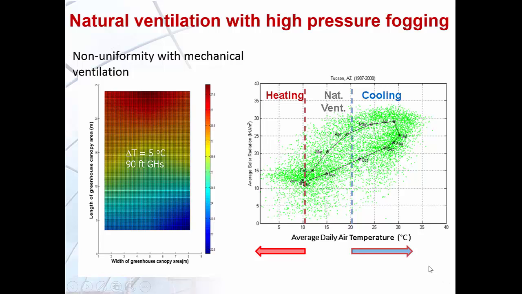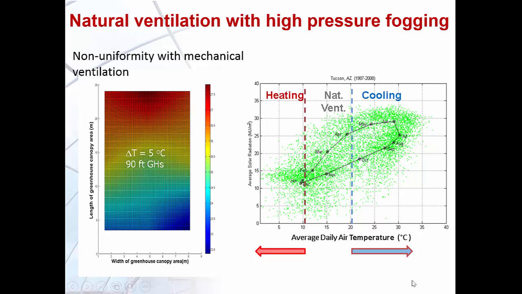So we can take advantage of natural ventilation systems in order to reduce the resource use in the greenhouse for the cooling process. And this may be significant savings in terms of resource use, especially in arid and semi-arid regions where these resources are precious.